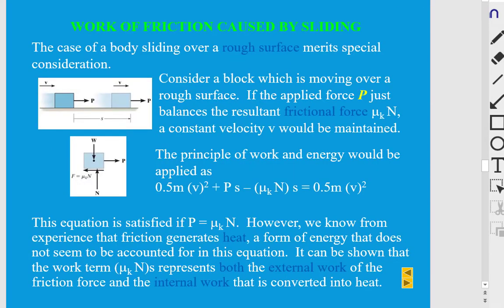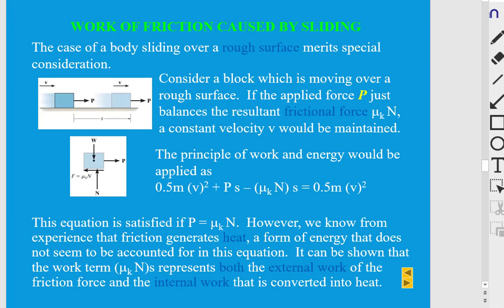One more thing before we start taking examples is the work of friction. Now, friction force is a force, but regardless, this friction force, whether it's along the direction of motion or opposite, is always negative because it's energy dissipated. We know that the work of that force is the result of displacement multiplied by the force, where the displacement and the force are always opposite to each other, meaning that the work is always negative.